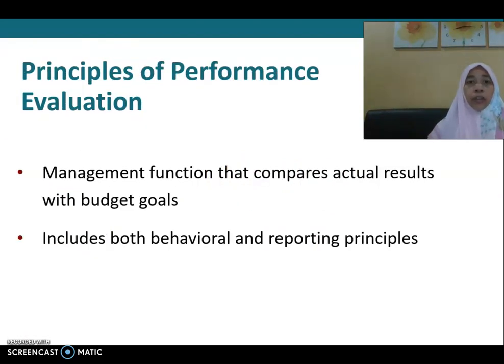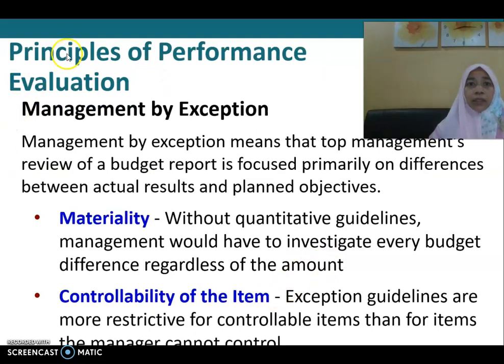So when you evaluate the performance, it is a management function that compares actual results with the budgeted goals, and that will include both behavioral and reporting principles. Have you heard about management by exception? The principle of performance evaluation here is management by exception, which means that top management's review of a budget report is focused primarily on differences between actual results and planned results.